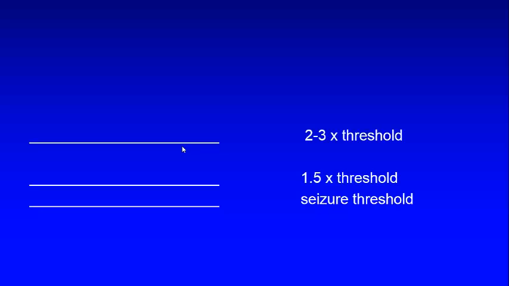So here's the seizure threshold, and as I said, what we would do is, let's say we titrate until we reach that threshold. Now, based on what I just showed you from the Sackeim study, you could either dose low, at 1.5 times threshold, or you could go about 2.5 times threshold. That would be considered a higher dose stimulation.